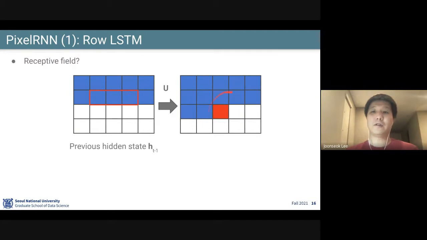So this one is determined by these 3. And then what about this one? This one is determined by these 3. And this one is determined by these 3. And the last one is from these 3. Which means this pixel is determined by this triangular-shaped region of the image, not the entire image.